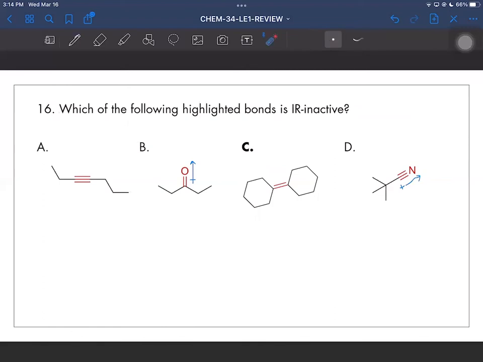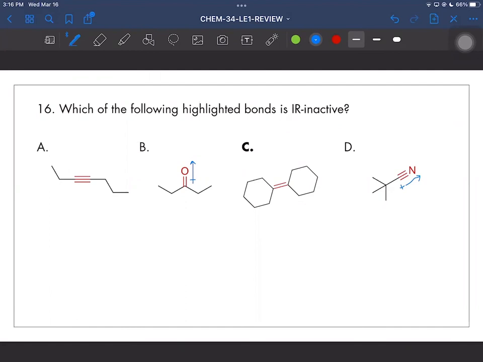So our carbonyl group, since this is a polar bond, we'd expect a net change in dipole moment when this is stretched. And also this nitrile group here, since it is polar, we'd expect a dipole moment when this is stretched. And carbonyl groups have very strong peaks in our IR spectrum. Also, nitriles can be seen in the IR spectrum. So, we are left with letter A and letter C.